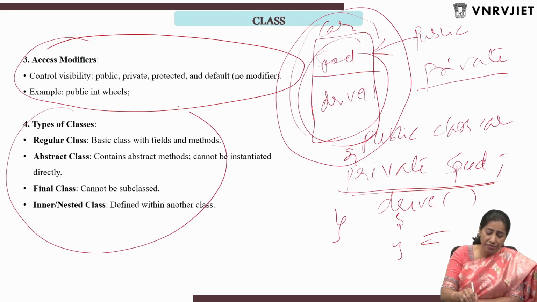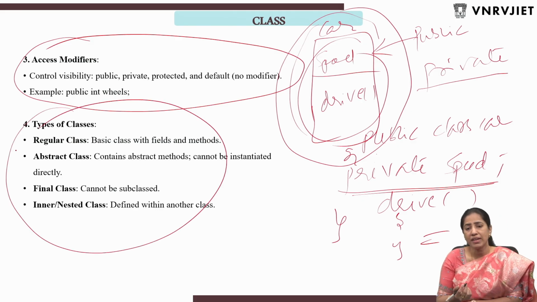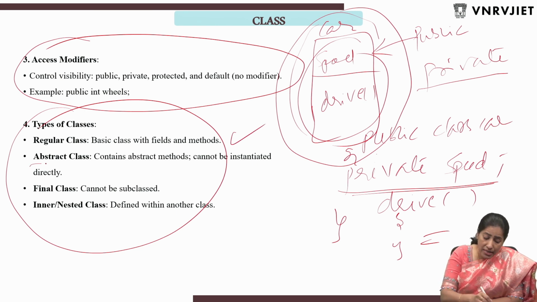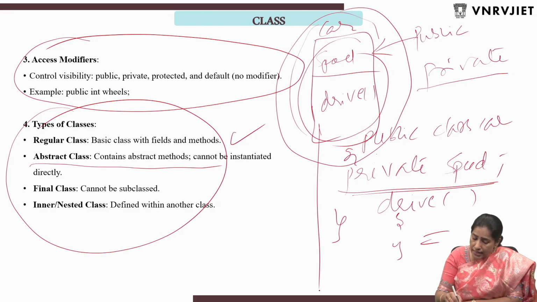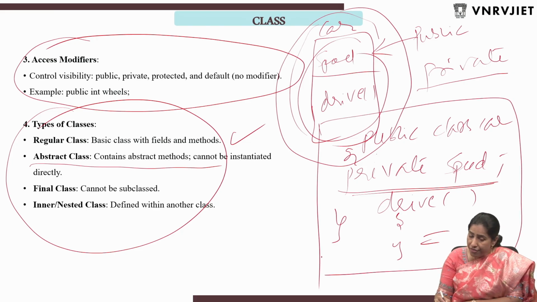And we have types of classes. We have different types of classes in Java. One is the regular class, which we have just learned about. And we have the abstract class. What is an abstract class? Here, if you see, this is a regular class, where I have defined a method. But in an abstract class, what happens?